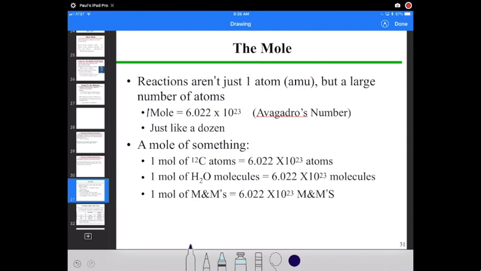Now here's the deal. If I took M&Ms, and this is the plain M&M, not the mini, not the peanut, not the peanut butter, but just regular M&Ms, and I poured 1 mole of M&Ms over the ground, and I start in Florida, and I pour them all the way up to Maine, and I pour them all the way over to Washington State, all the way down California, all the way through Texas and back to Florida, and I fill up the entire United States with 1 mole of M&Ms.